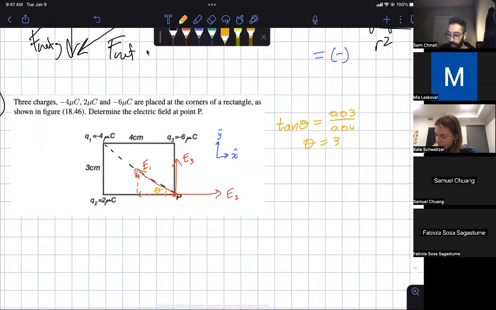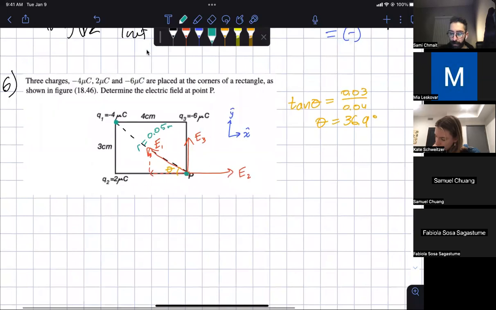That's equal to 36.9 degrees. And you also need to solve for R, where R is the distance between these 2 green dots. So let's call this R. And actually, if you have a good eye here, you'll see that it's equal to 0.05 meters.